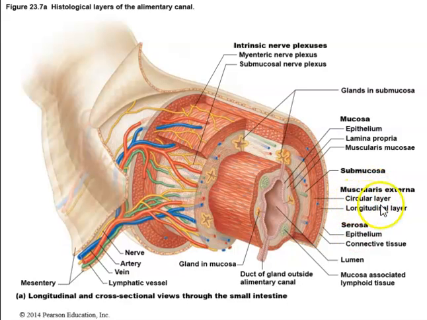So we have that inner circular layer made up of smooth muscle, and then an outer longitudinal layer. So basically, the smooth muscle is oriented, the inner layer being a circular layer, and then the outer layer being a longitudinally orientated layer of smooth muscle.